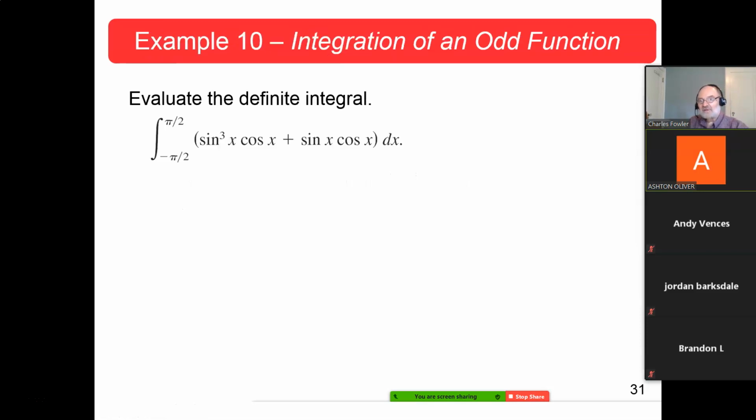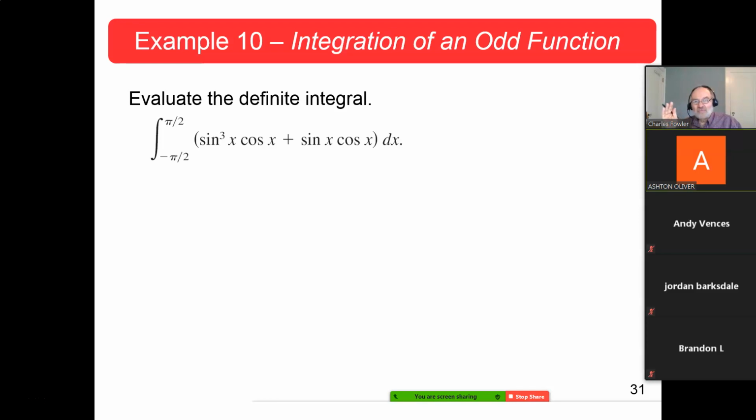All right, so here we have one. Evaluate this definite integral. Oh boy. How would you approach this problem? Rather strange little problem, isn't it? Okay.